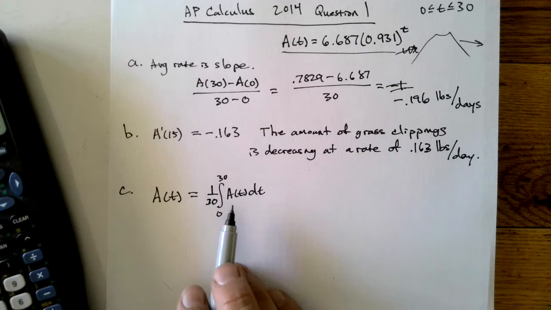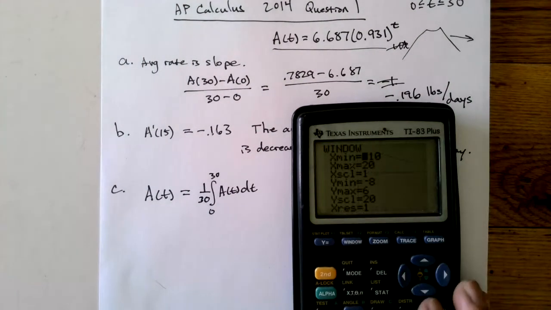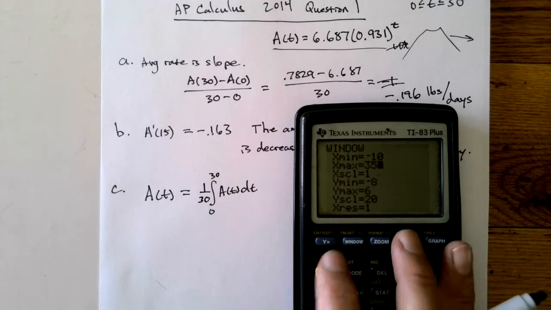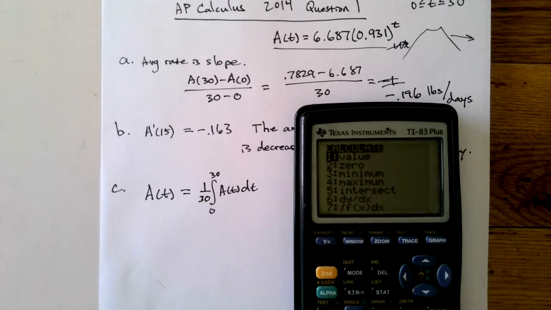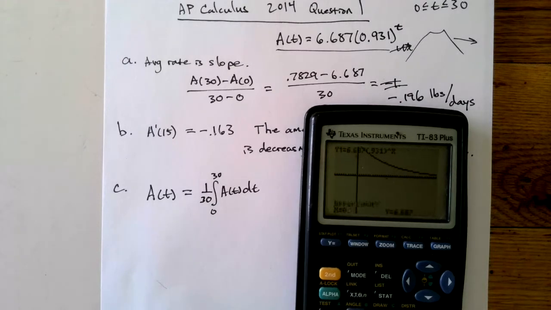So I can actually calculate this. That's not a problem. I just go to my window. I make sure my x max is all the way out to at least 30. We'll go to 35. We will calculate number 7. And I'm going to go from 0 to 30.